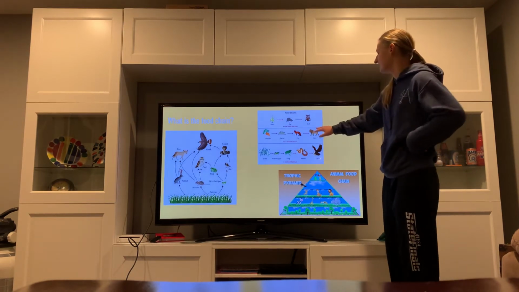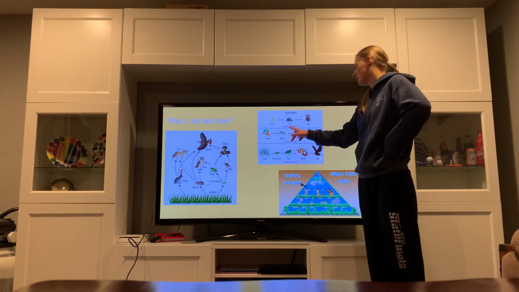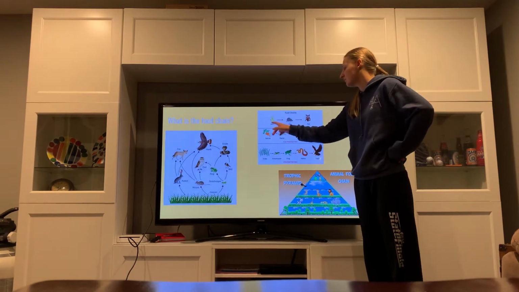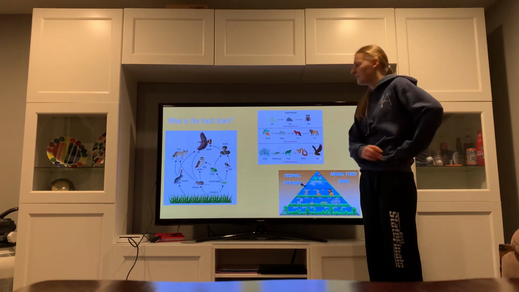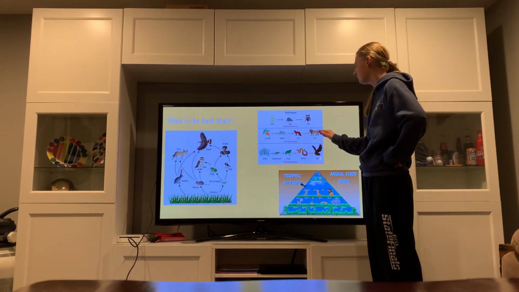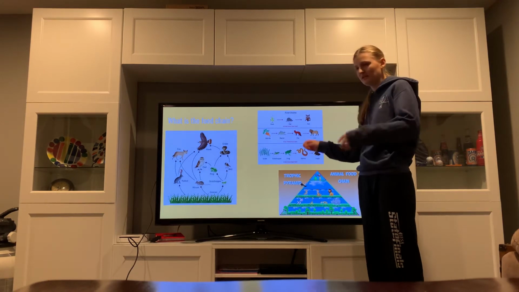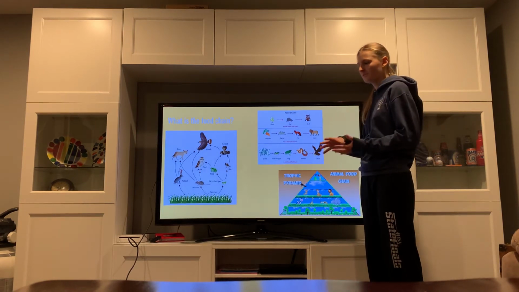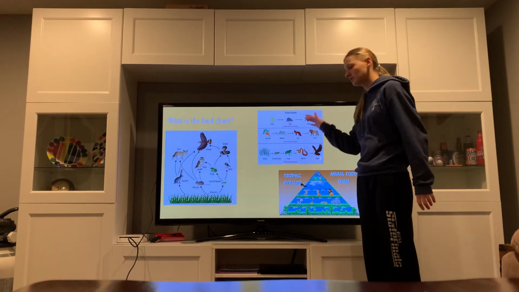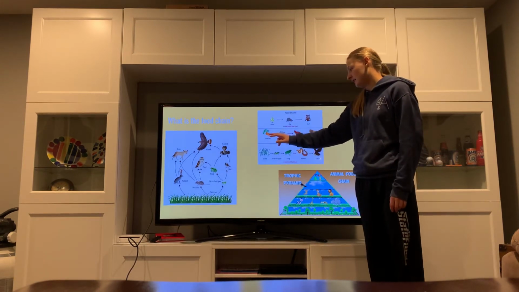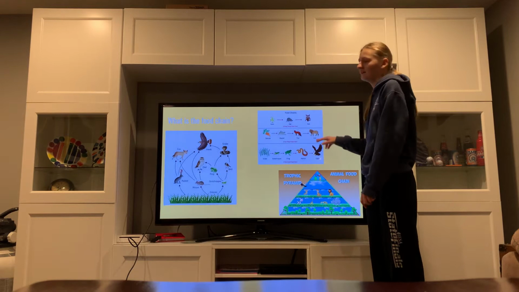So in this one, the owl eats the rat, which eats the corn, and it kind of just starts over. The end product will die and go into the ground, which helps the grass or corn or carrots grow, to make the cycle start all over again.